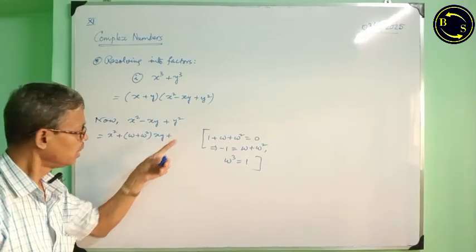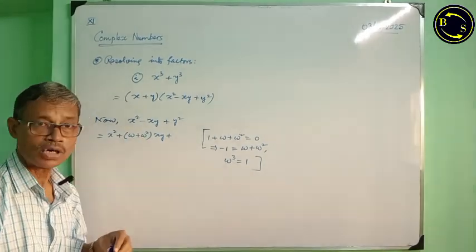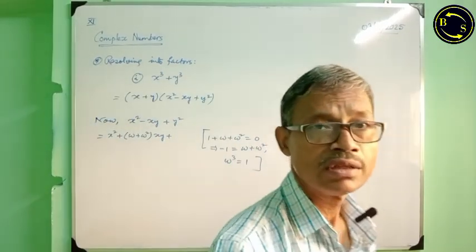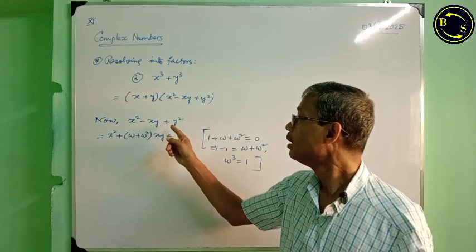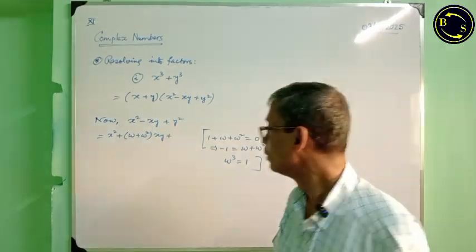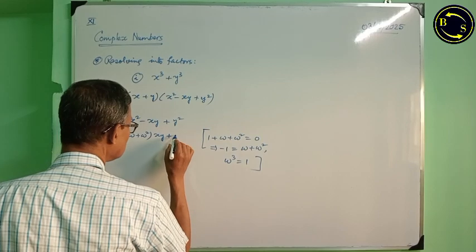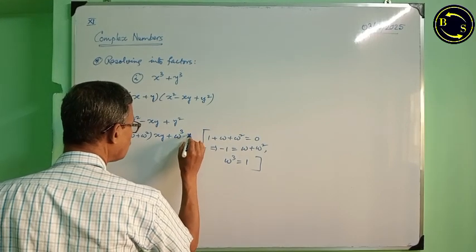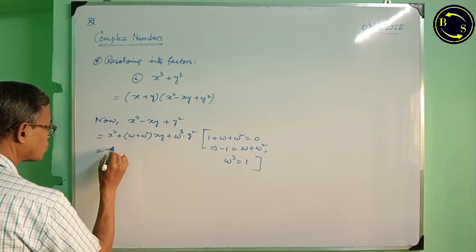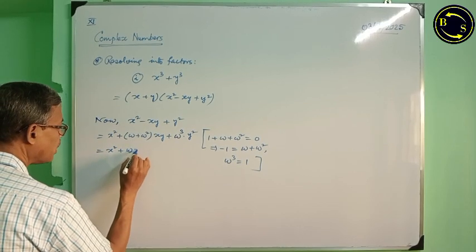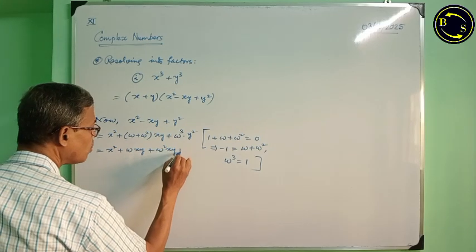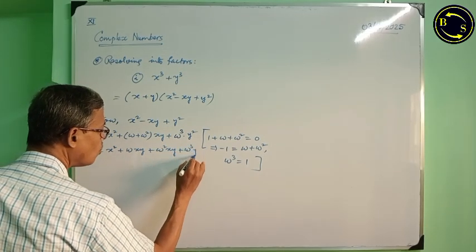y square. Since omega square occurs, while I shall take omega square common factor, then in place of 1 we need omega cube. That is why I write here omega cube into y square. Now I remove brackets: x square plus omega xy plus omega square xy plus omega cube y square.